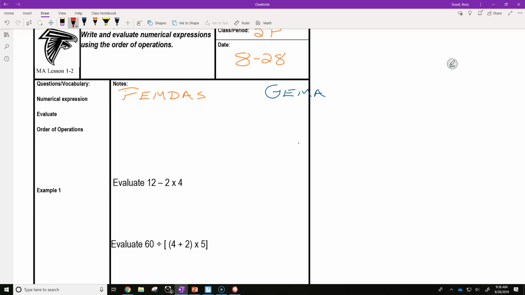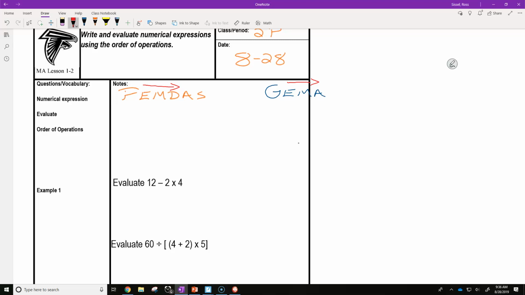Okay, in PEMDAS and in GEMA, the most important thing to this is one of the things people forget. We read a book left to right. So when we solve our math, we will solve our equation left to right.